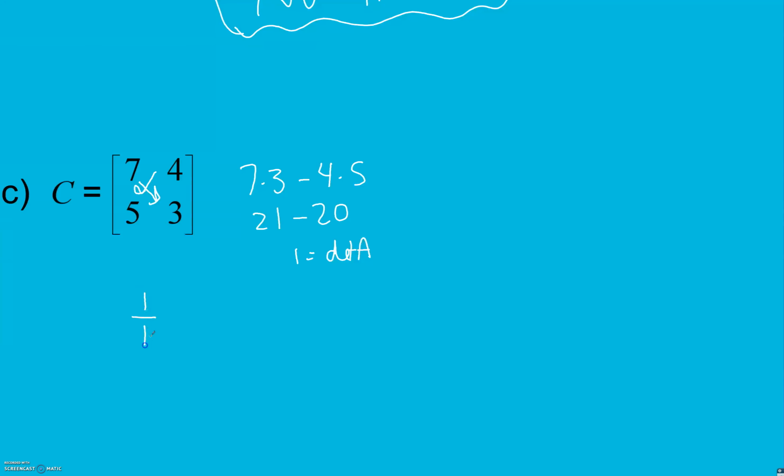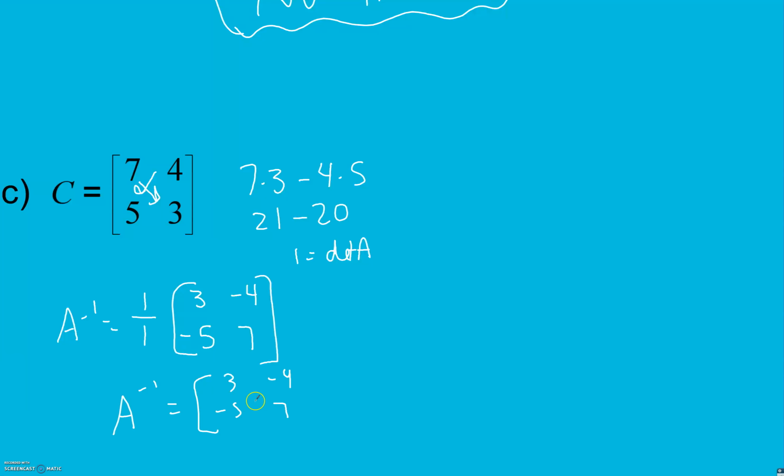So we're just going to have 1 over 1 times D, negative B, negative C, A. And 1 over 1 is just 1. We don't have to multiply through. So 3, negative 4, negative 5, 7. And again, this is D, negative B, negative C, A.